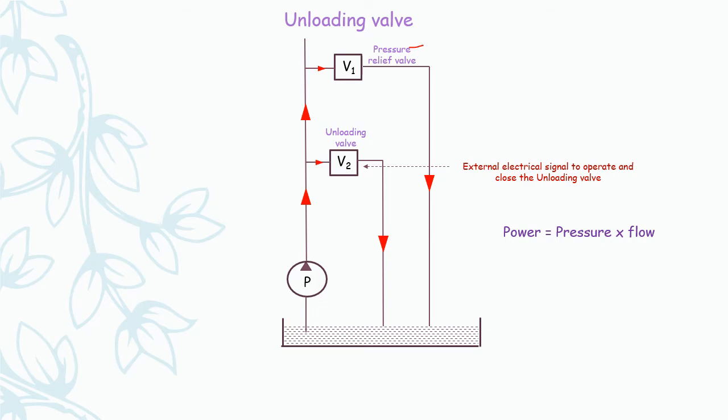As you can see here, external electrical signal to operate and close the unloading valve. Generally speaking, this unloading valve is used in addition to the usual pressure relief valve in a hydraulic circuit.